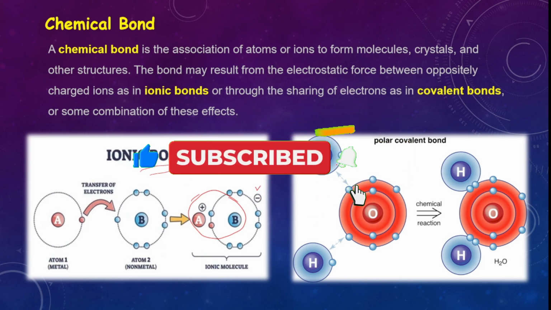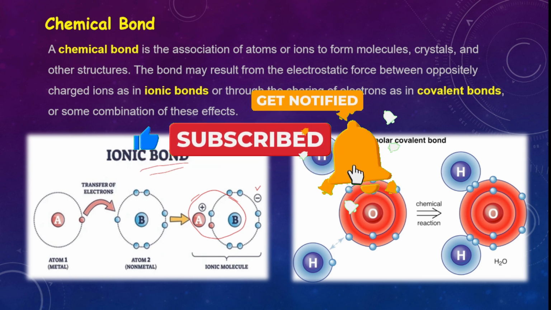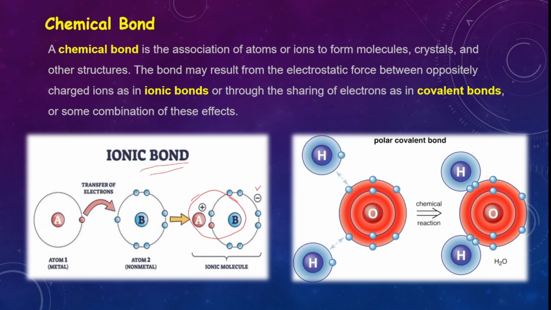So hydrogen will form a bond with oxygen like this, and they will share their electrons. One hydrogen atom will share 1 electron with oxygen, and thus oxygen will have 8 electrons in its outermost shell and hydrogen will have 2 electrons, so that they form a stable water molecule. Such a bond formed by sharing of electrons is called a covalent bond.